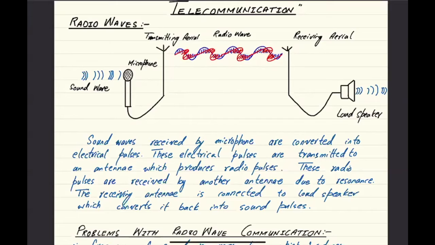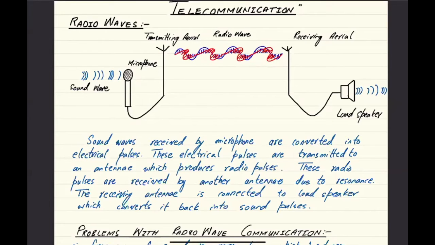These waves cause electrons to oscillate at the receiving end, and that produces a current. You would use operational amplifiers at both the transmitting end and the receiving end to amplify the signal.